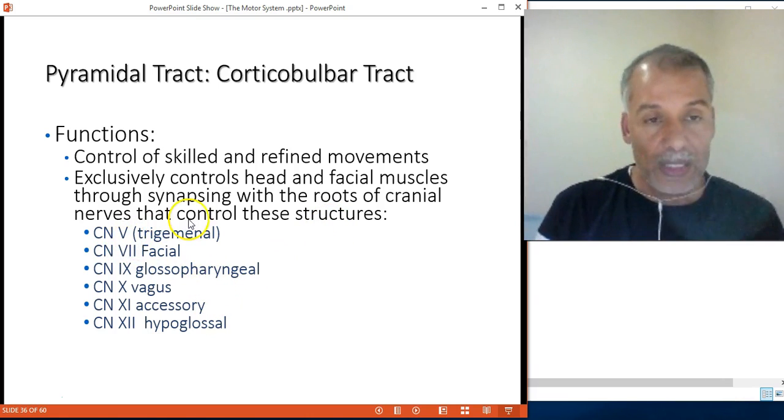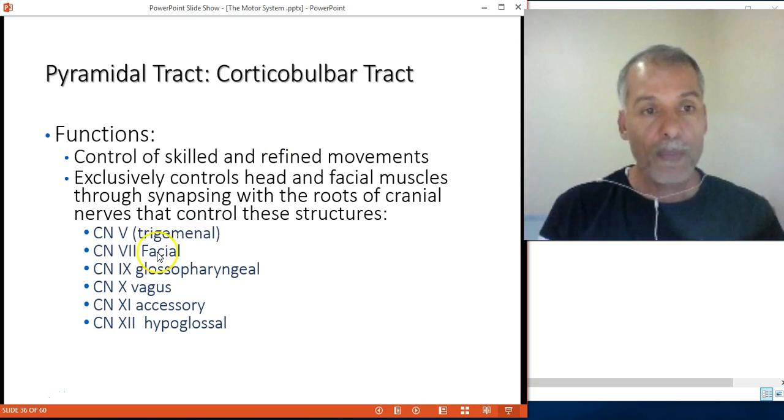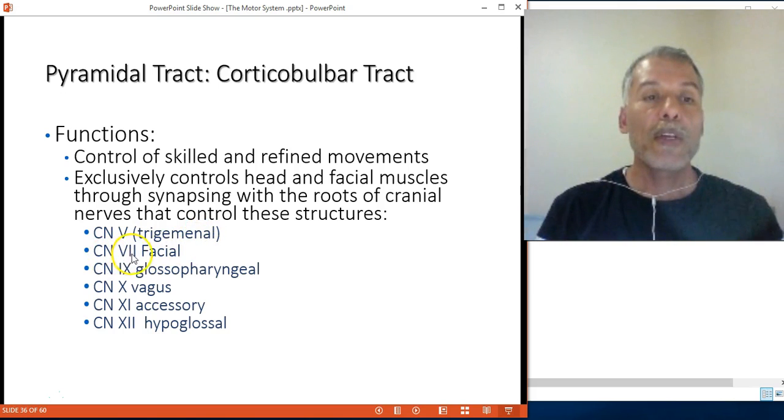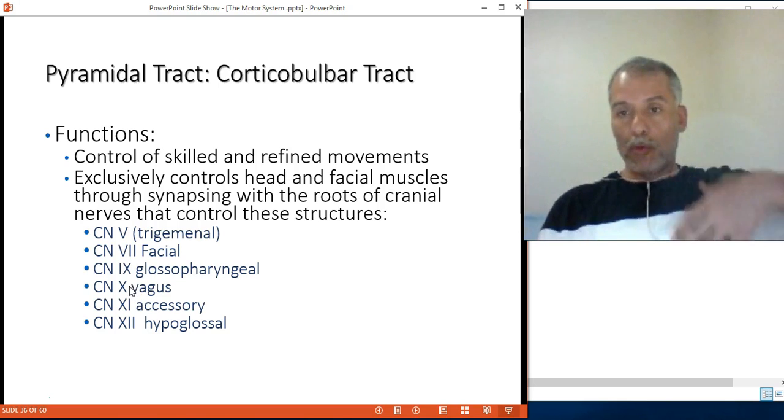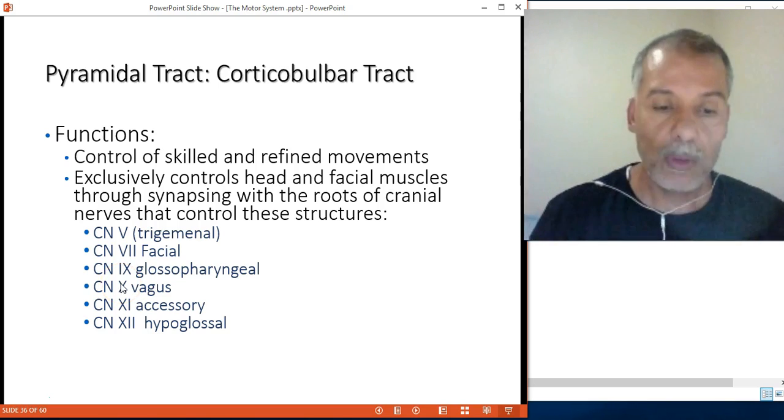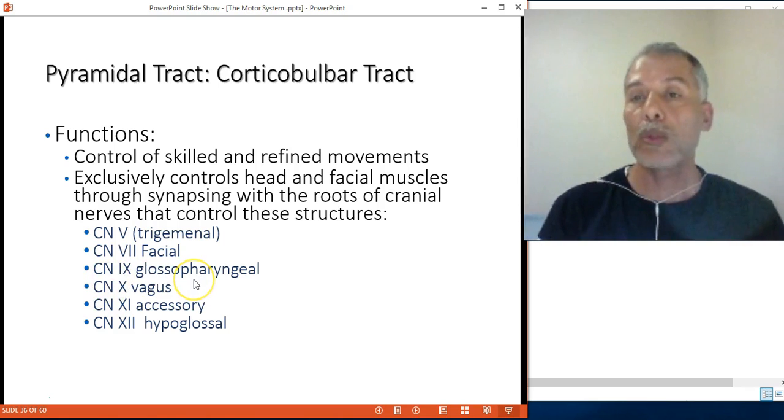So it synapses with cranial nerve number 5, called the trigeminal, cranial nerve number 7, the facial nerve, and the glossopharyngeal nerve, number 9, and then the vagus nerve that goes into your trunk and activates all kinds of things.